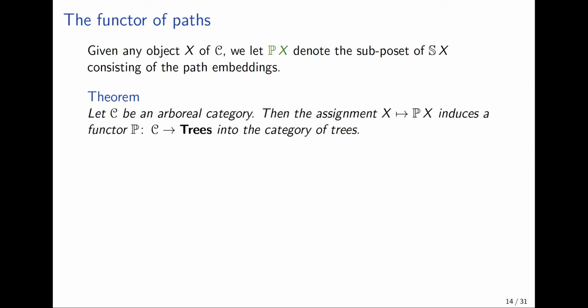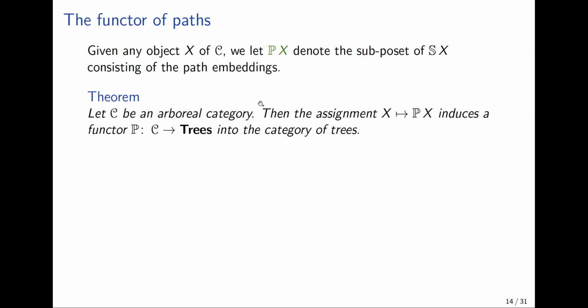But one important thing is that whenever you have an arboreal category C, you always have a functor into the category of trees. How is this defined on an object? Whenever you have an object X, you can look at the set of all path embeddings into X. That's naturally a subposet of the poset of embeddings into X, and it's in fact a non-empty tree.